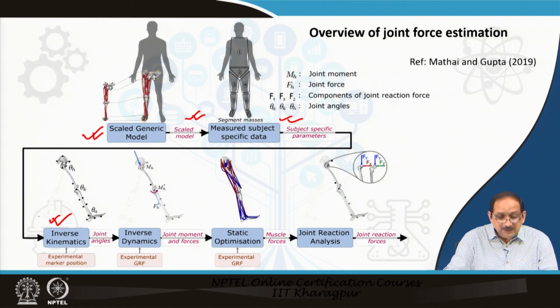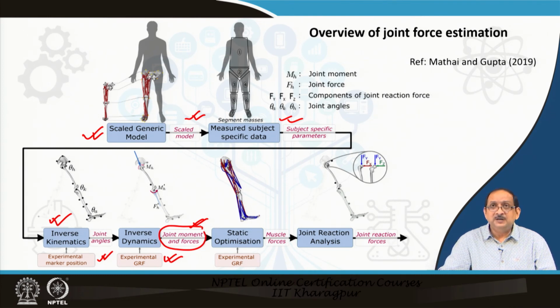to obtain kinematic information of segments from marker data as explained to you earlier. Using ground reaction force data and kinematic information, joint forces and moments, as you can see here, can be calculated using the inverse dynamics approach.